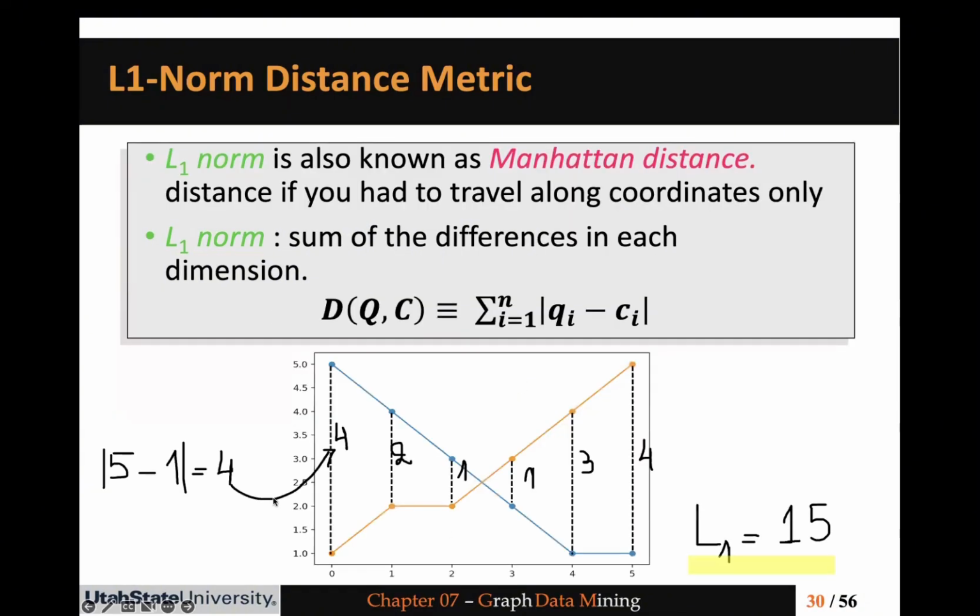It goes as follows: instead of taking the square root of the aggregate squared differences, I'm just taking the absolute values, 4 plus 2 plus 1 plus 1 plus 3 plus 4, which is equal to 15 in this case.